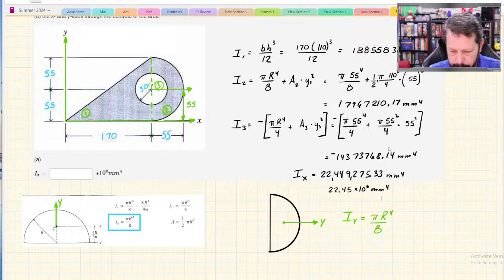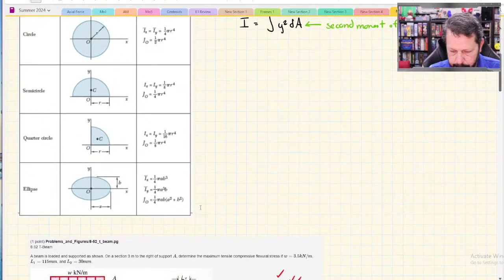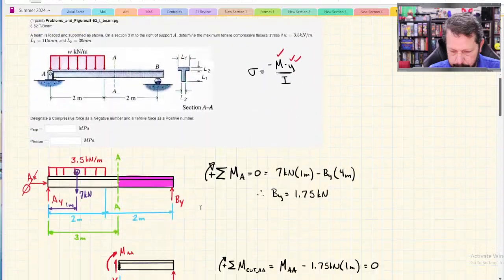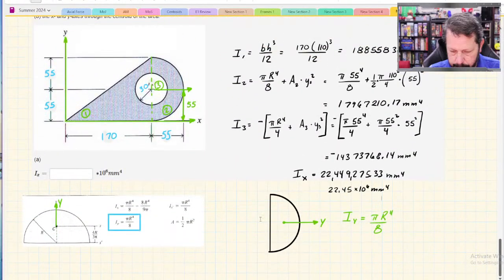Maybe make sure I use pi r to the 4th over 8 for that, which is what I wanted to use. And then the circle, pi r to the 4th over 4. Let's make sure I didn't write any of my units wrong. Oh, I did. Oops, sorry.